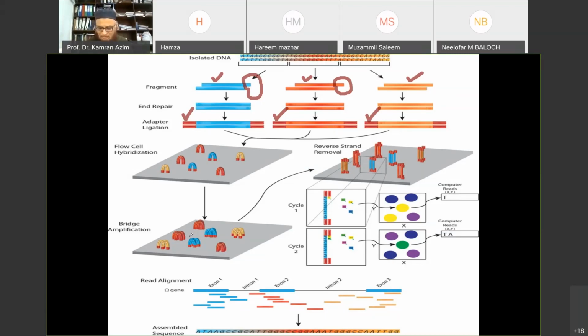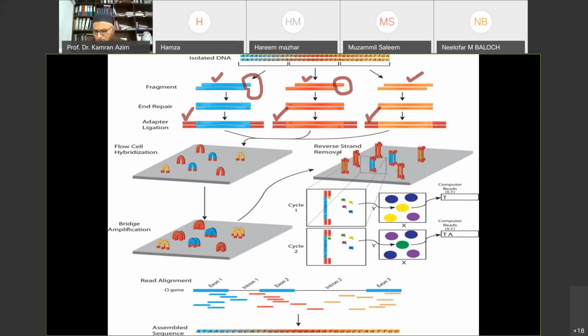But all this hybridization and PCR is going on with immobilized DNA molecules on the chip. And then the reverse strand is removed, because they are double-stranded DNA molecules.